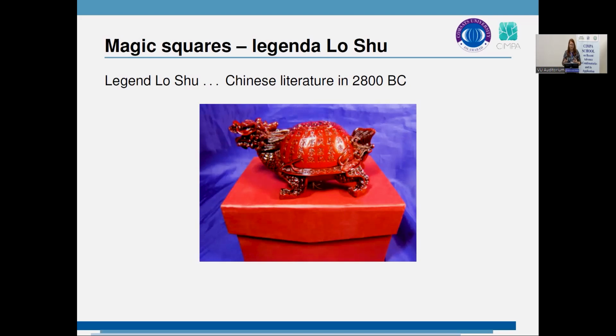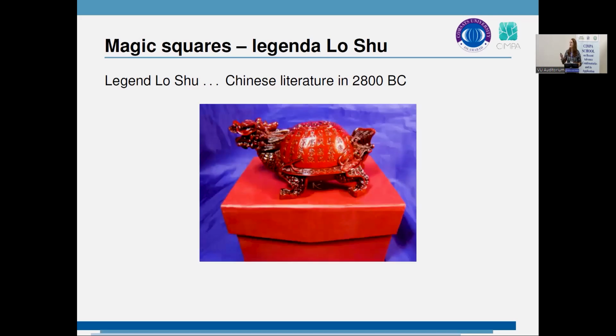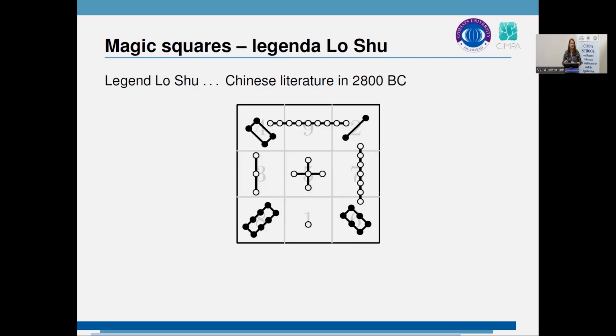And this is the pattern that is given on the top of this turtle, and this is what we call a magic square.